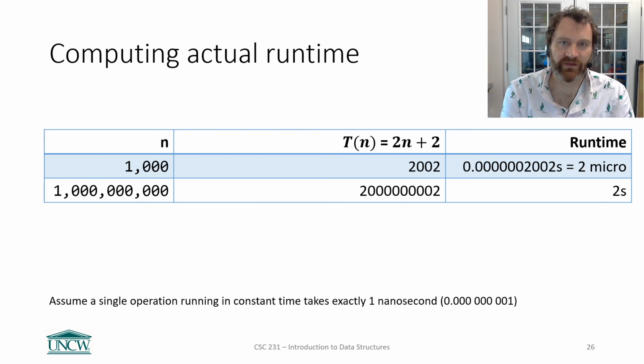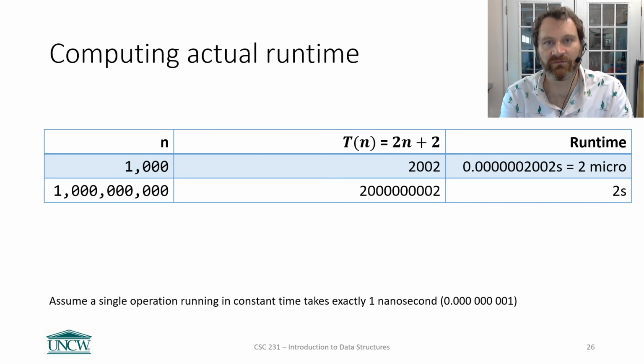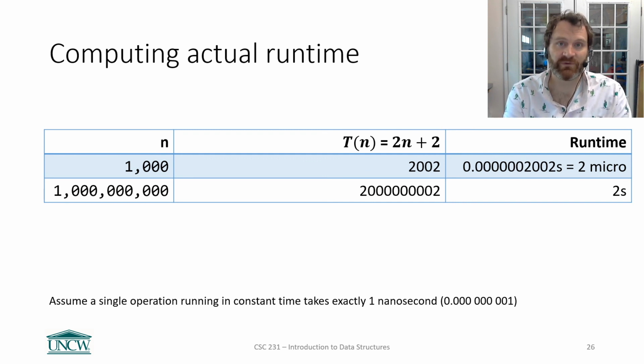Let's assume that a single operation on a computer, one of your constant time big O of 1 operations, takes 1 nanosecond. That's a realistic assumption. Most modern computers can do 3 or 4 computations every nanosecond.